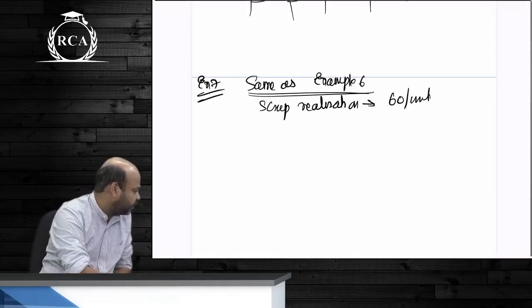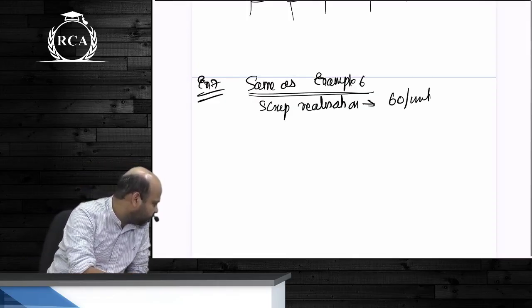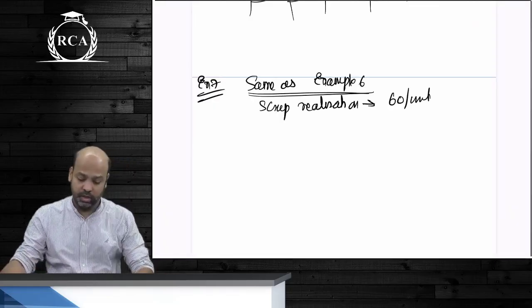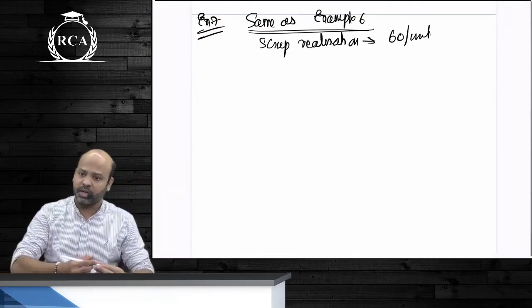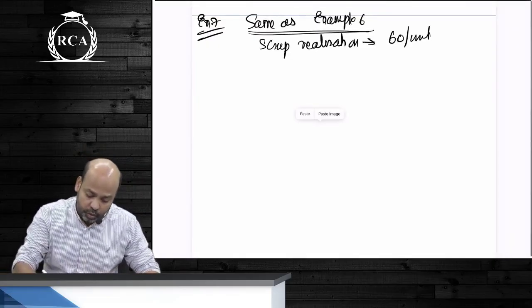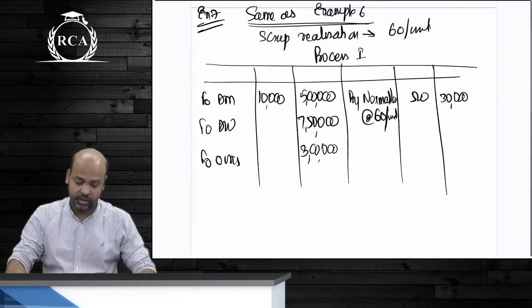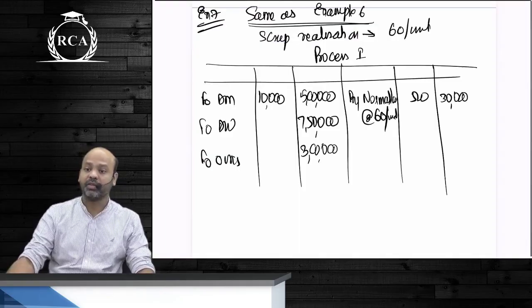Scrap realization is 60 rupees per unit. You've understood what I'm trying to tell you? You are telling me that we will take scrap value of 30,000. I am telling you that we will not receive scrap value of 30,000. We will receive only 24,000.